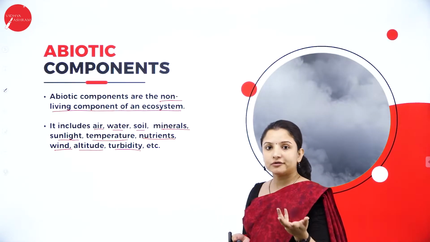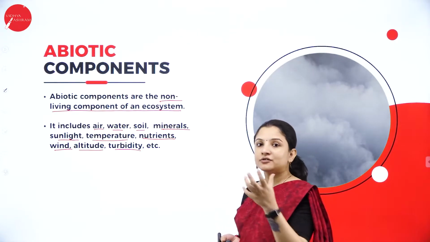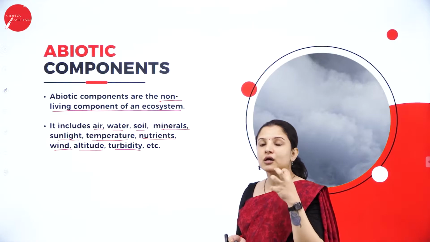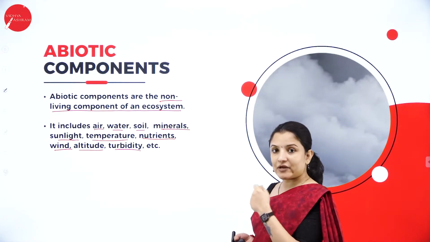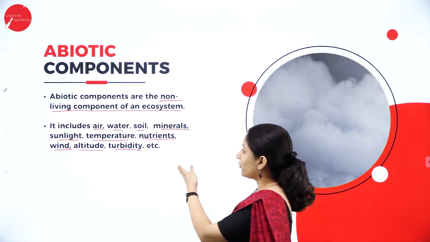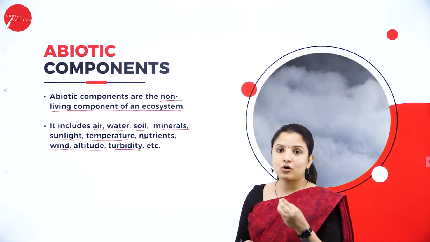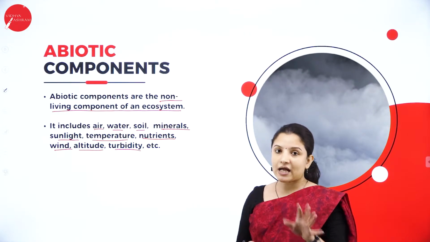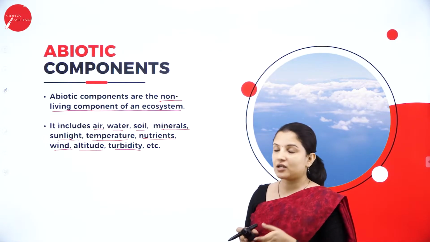Water is also needed for the proper growth and development of the plant, as well as soil. Soil is needed in order to provide nutrients to the plant, and minerals are also very important for the plants. Likewise, sunlight is needed because plants cannot photosynthesize in the absence of sunlight. So air and sunlight together are very important.